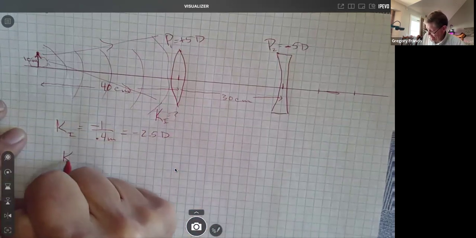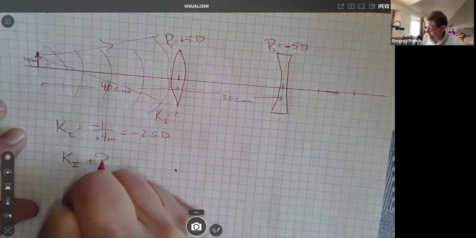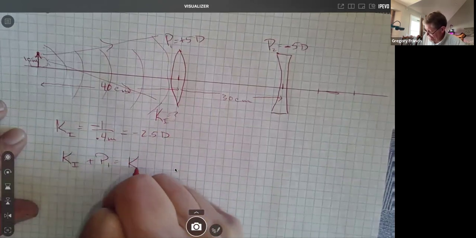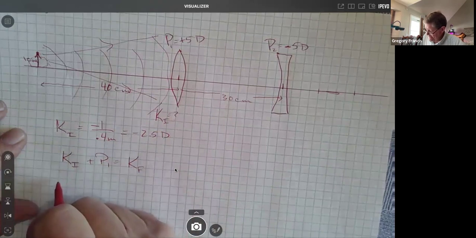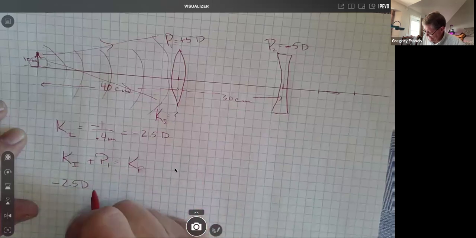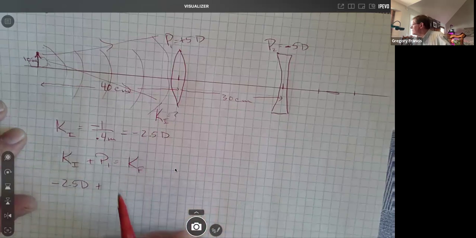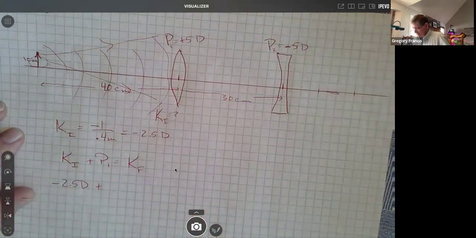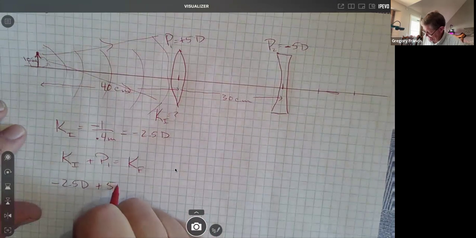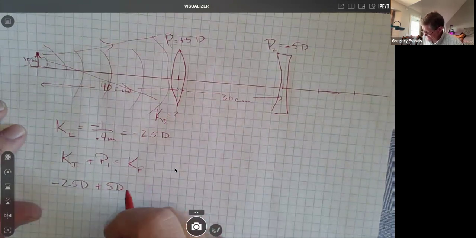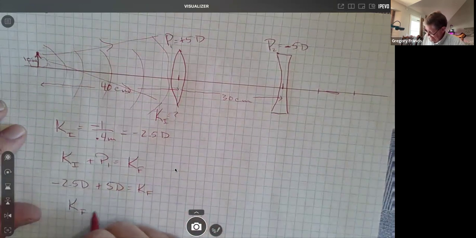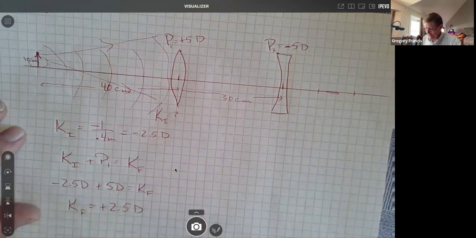So if I use my formula, K initial plus power is equal to K final, I've got negative 2.5 diopters plus 5 diopters is equal to K final. That gives me K final is equal to a positive 2.5 diopters.